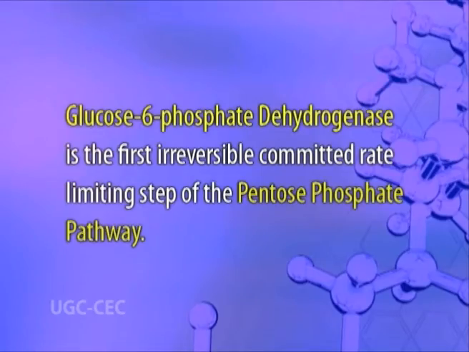Glucose 6-phosphate dehydrogenase is the first irreversible, committed, rate-limiting step of the pentose phosphate pathway. It is allosterically regulated by NADP+ and strongly inhibited by NADPH. So, when the cytosol concentration of NADPH is high, the enzyme's activity is low.